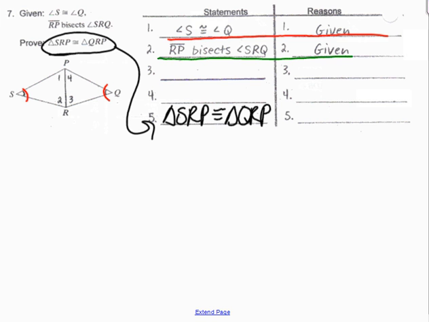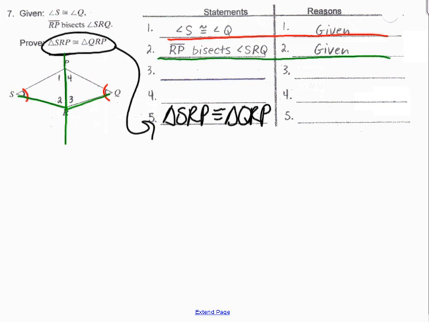Number two, RP bisects angle SRQ. Bisects isn't congruent, so I have to use that to figure something out. So RP is a bisector. So here's RP, and it's bisecting SRQ. So where's SRQ?